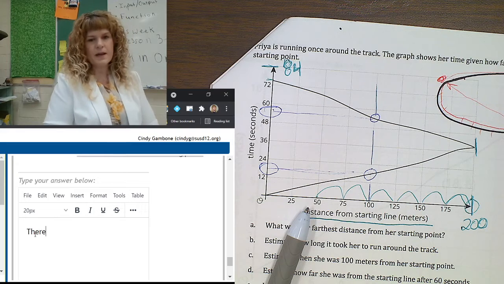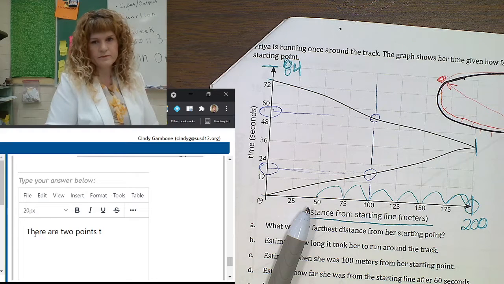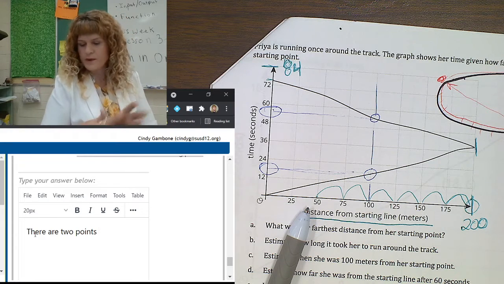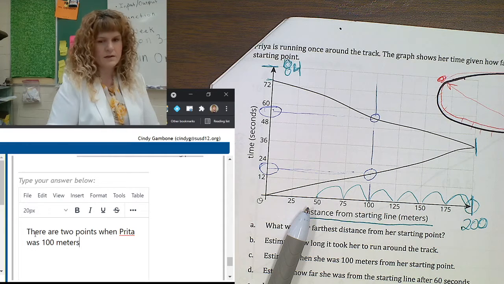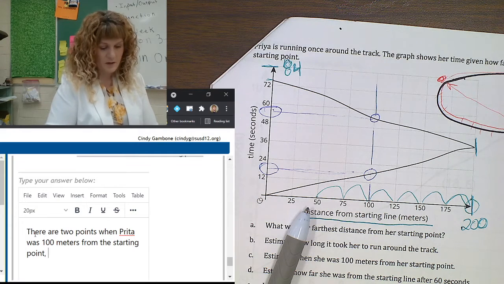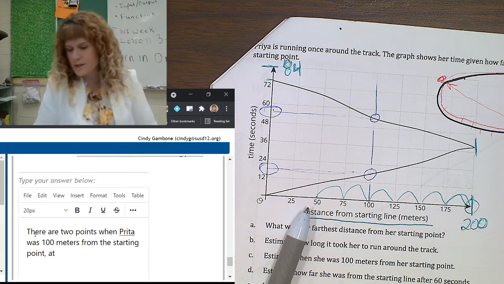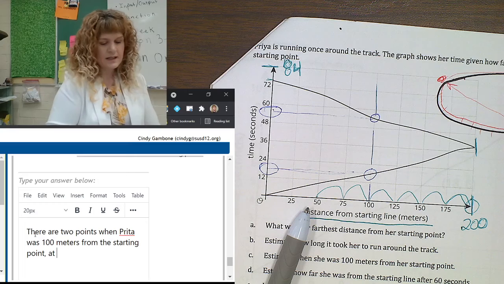I want you to explain that in your answer. There are 2 points. Wait, there are 2 points when Priya was 100 meters from the starting point, comma, at, and then what's my estimate? Maybe 18 seconds?